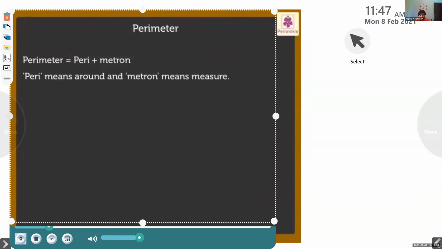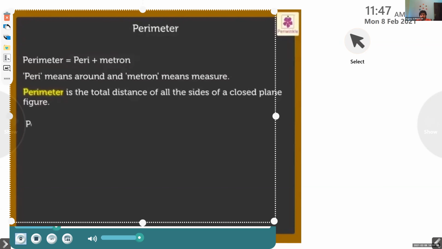Thus, perimeter is the total distance of all the sides of a closed plane figure. Hence, it is found by adding the lengths of all the sides of a closed plane figure.